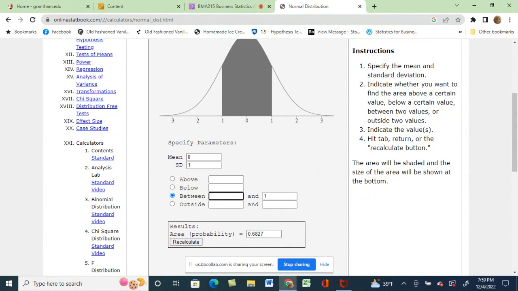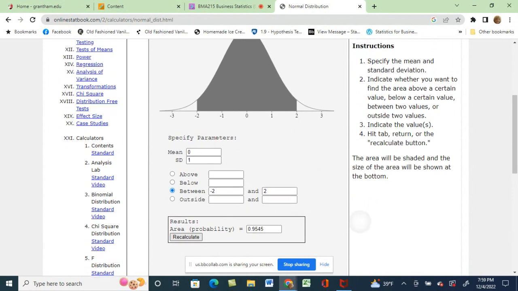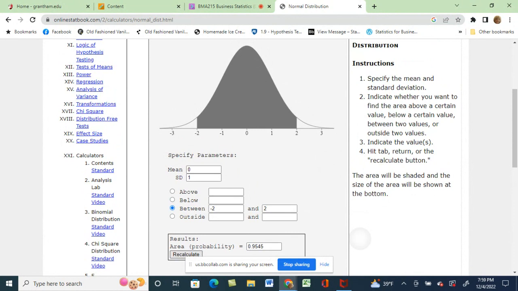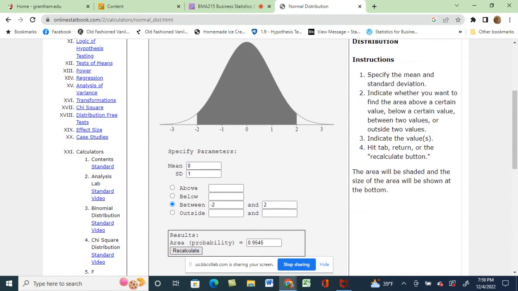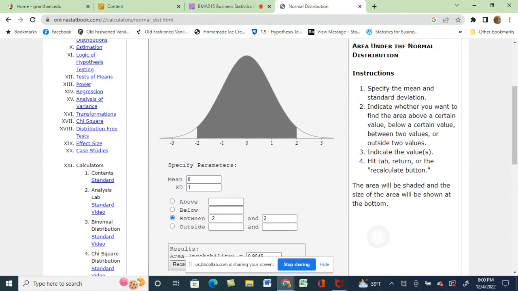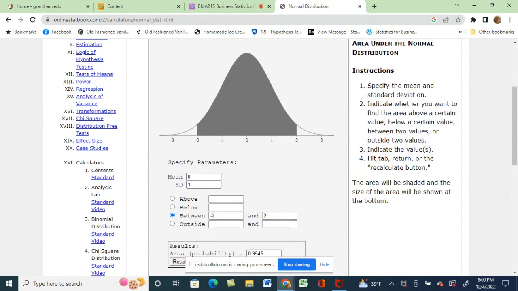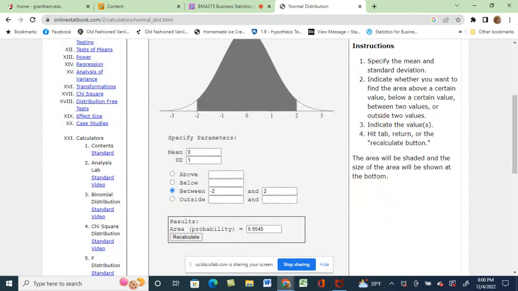Now, if we want between -2 and +2, we said it was 95. So there it is, 95.45. So not about 95%, and that's just an approximation of our data is between -2 and +2 standard deviations of the mean. Again, the area under there is the probability that our data is there.